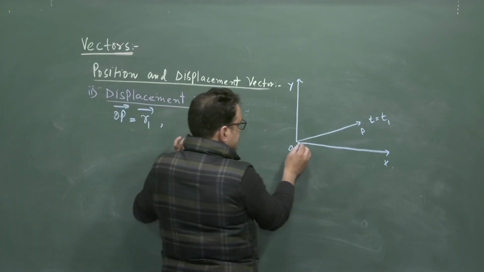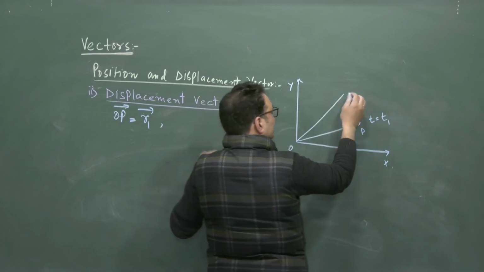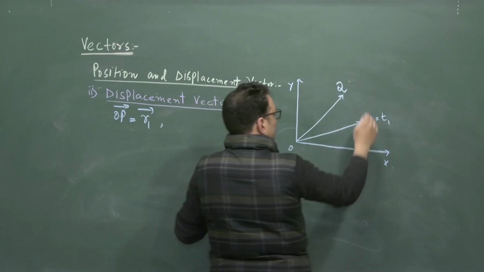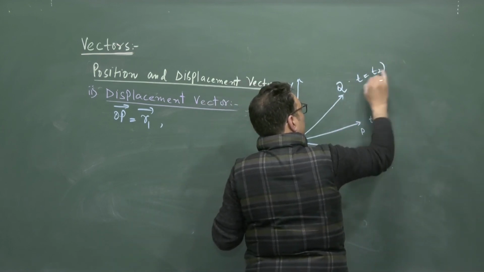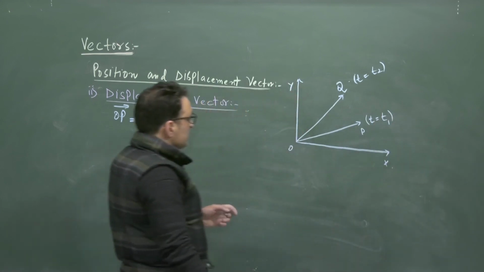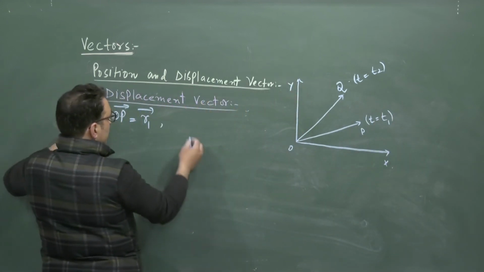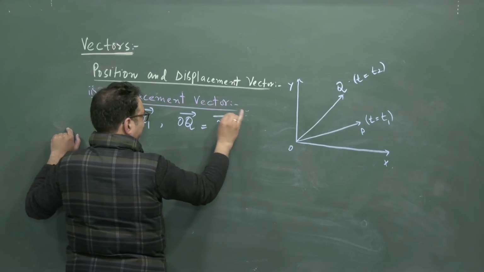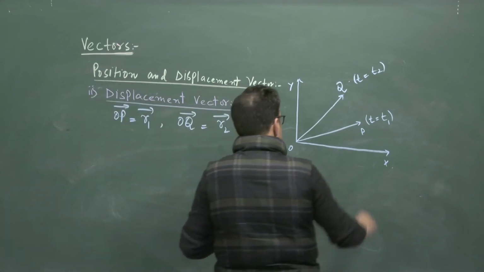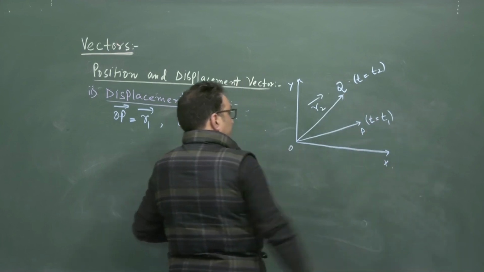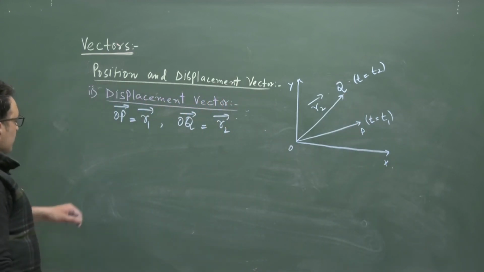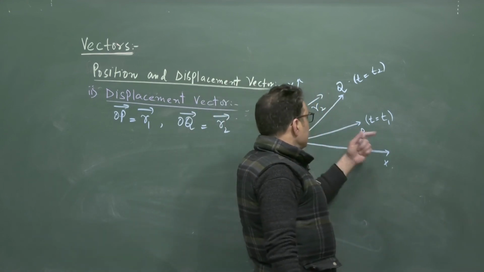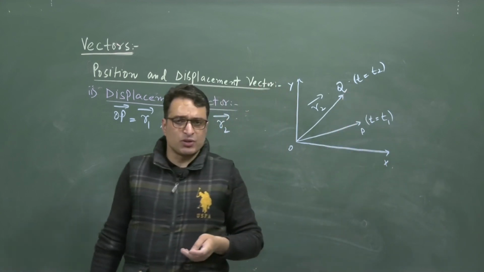And let me draw another arrowed line, OQ, at t equals t2. This is at t equals t1 and this is at t equals t2. And we may write OQ equals R2. Now both OP equals R1 and OQ equals R2 represent the position vectors of the particle at different instants t equals t1 and t equals t2 with respect to the origin.